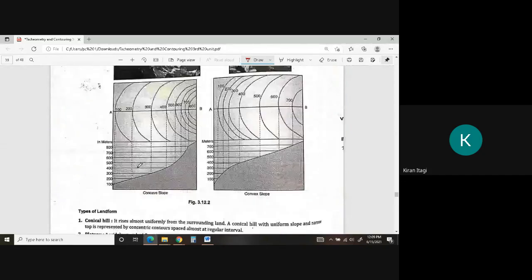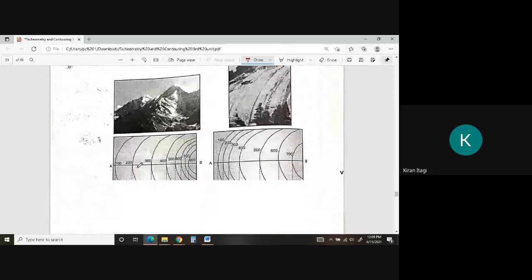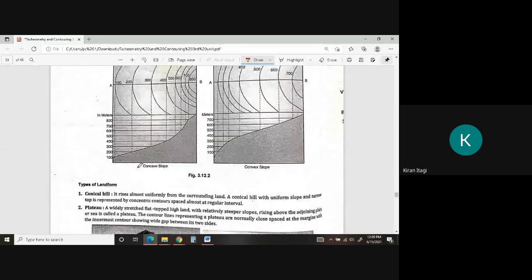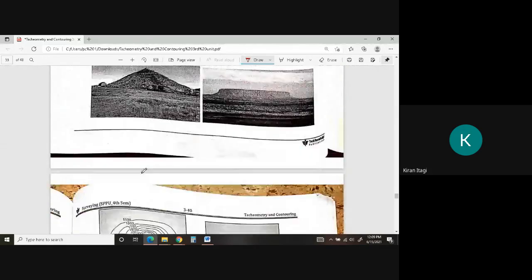Lower values will be the valley, and the slope will go on increasing like this. Here it is 100, 200, 300, 400, and so on up to 600. The RL will be like this, so we will draw this in the map. Then there are different types of methods, so we will see that also.